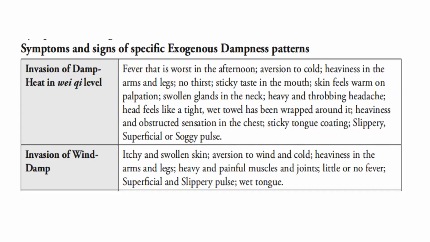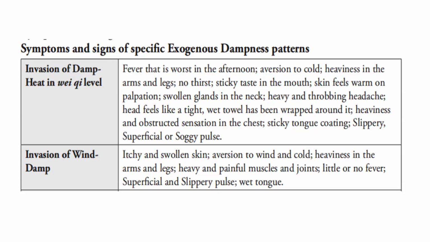There is aversion to cold, heaviness in the arms and legs, no thirst, sticky taste in the mouth, skin feels warm on palpation. There will be swollen glands in the neck, heavy and throbbing headache, head feels like a tight, wet towel has been wrapped around it, heaviness and obstructed sensation in the chest, sticky tongue coating. The pulse would be slippery, superficial, or soggy.